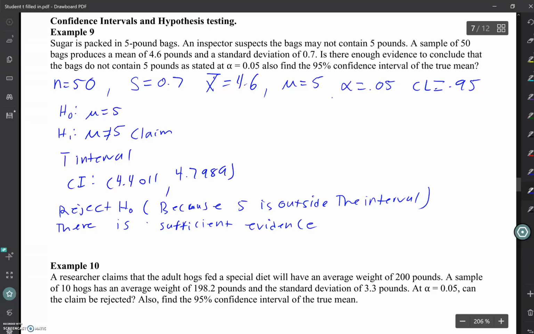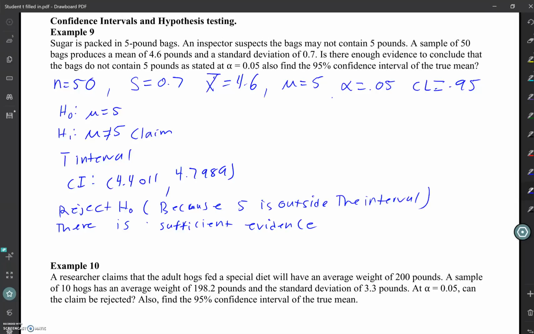There is evidence because we rejected the null and we are accepting the alternative. So we're supporting that claim that's in the alternative.